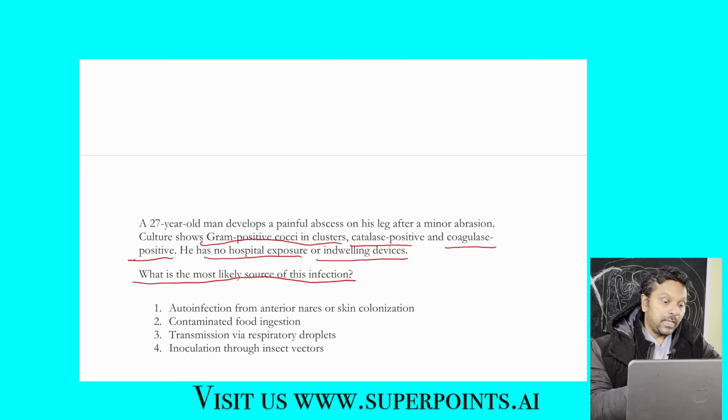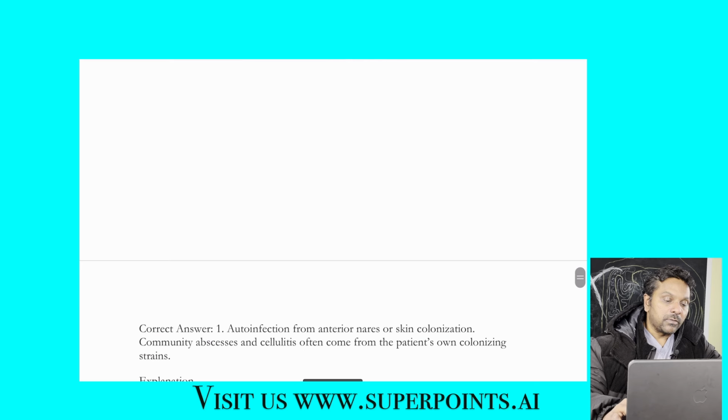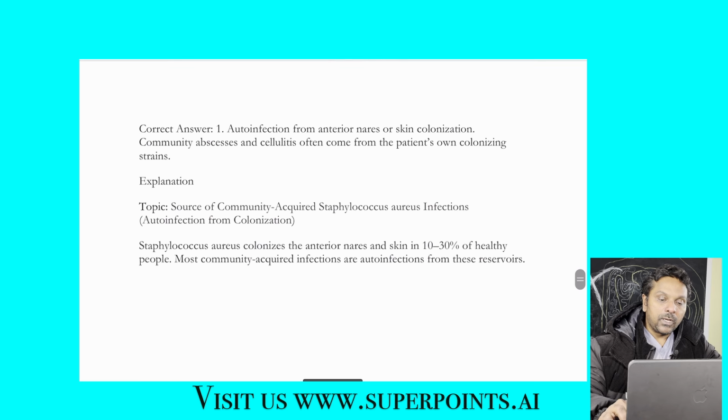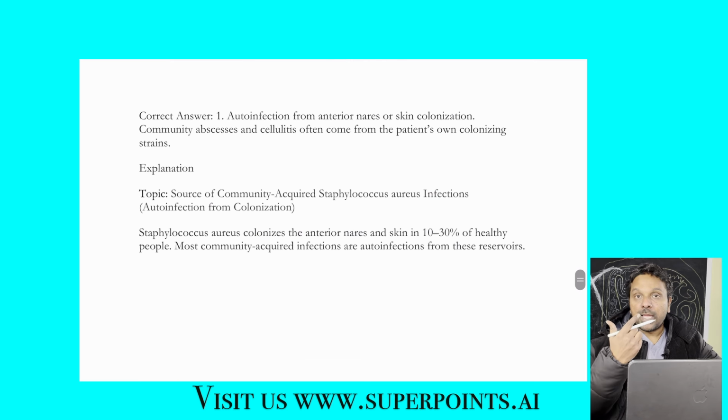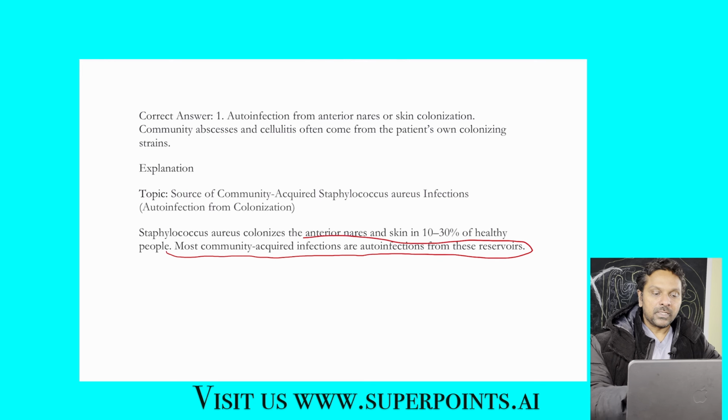I already told you, auto-infection. So this question is also about emphasizing what I already told you. There is anterior nares, the most common site, and auto-infection is the most common way to get this infection. Most community-acquired infections are auto-infections.